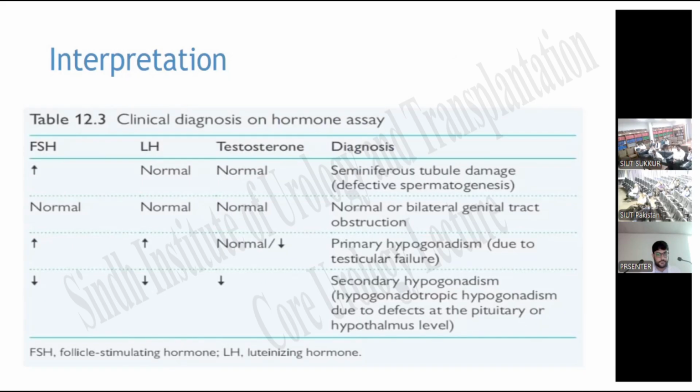FSH and LH will be increased if it is primary, while in testicular failure your testosterone levels may be low. The secondary would be due to a central cause in which all of the hormones would be decreased. If the problem is in the seminiferous tubules, where FSH acts, then FSH will be increased, and testosterone and LH levels would be normal.